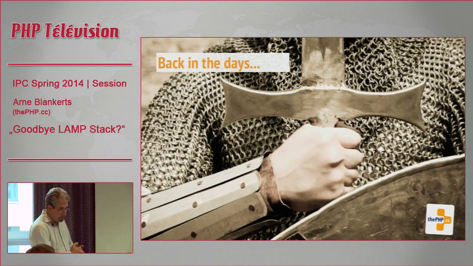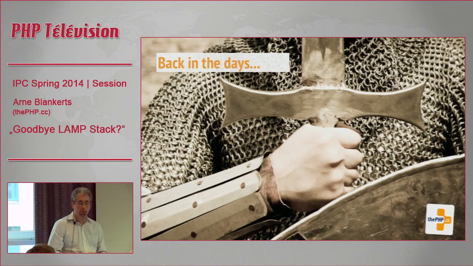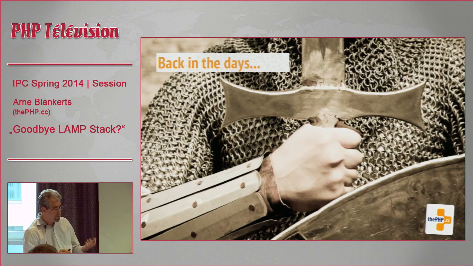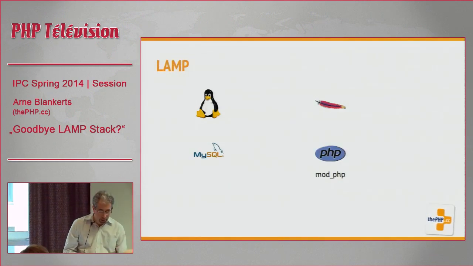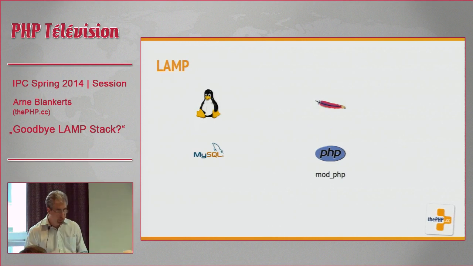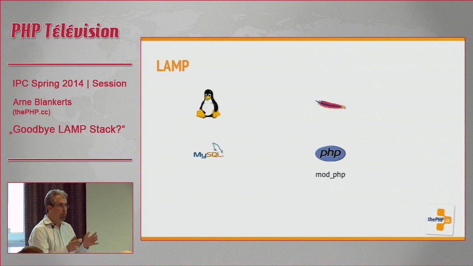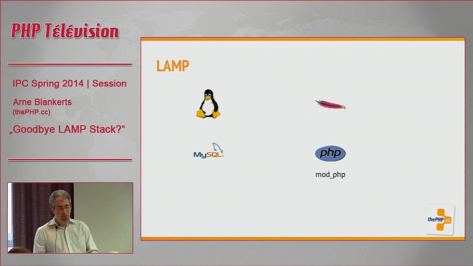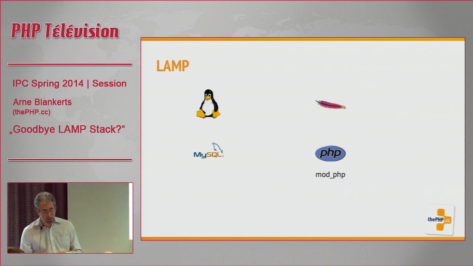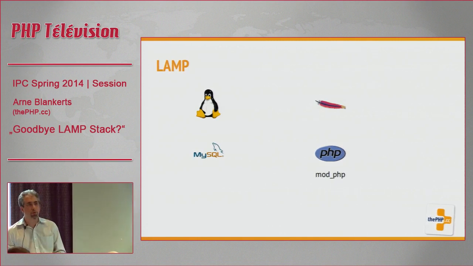Let's take a bit of a journey back in time. The original stack, which gave the abbreviation LAMP, is of course Linux as the operating system, Apache as the web server, even though that's obviously a software group, not necessarily a single software, MySQL, also just a software and a company, but never mind, and PHP as a module within the web server.